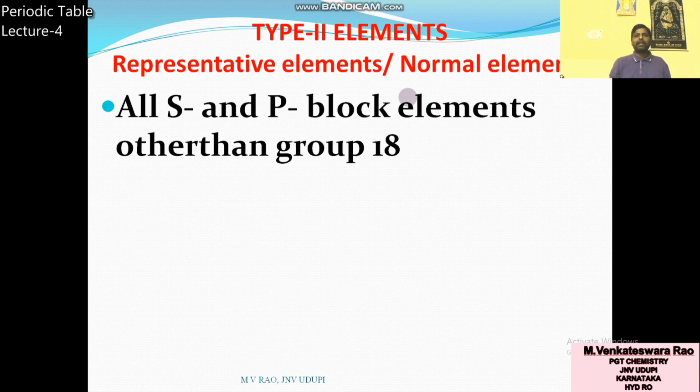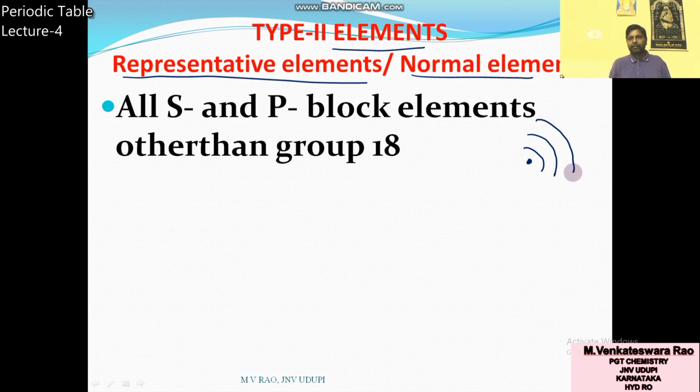Next, type 2 elements. What are type 2 elements? Representative elements or normal elements. It is the nucleus, first orbit, second orbit, third orbit, fourth orbit, fifth orbit, like this.